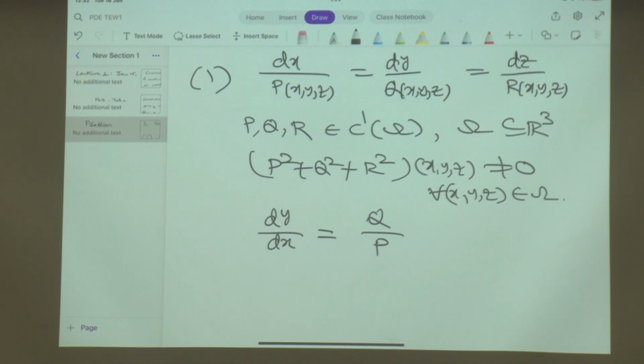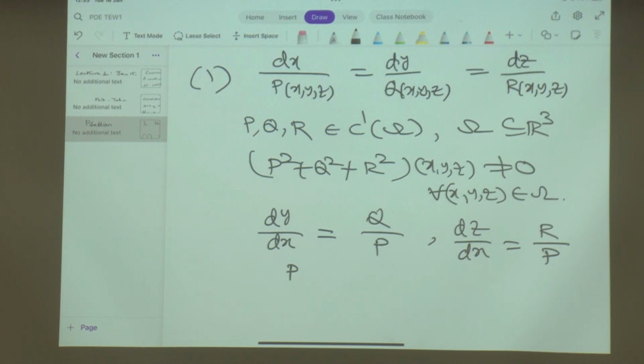I will not write the argument, obvious it is, q of xyz by p of xyz, and dz by dx equal to r by p. Of course, to do this, we need p to be non-zero, so assume p is not 0. So we know that at every point xyz in omega, one of these 3 is non-zero, p, q and r, right? At least one of them is non-zero. So we assume it is p, okay?